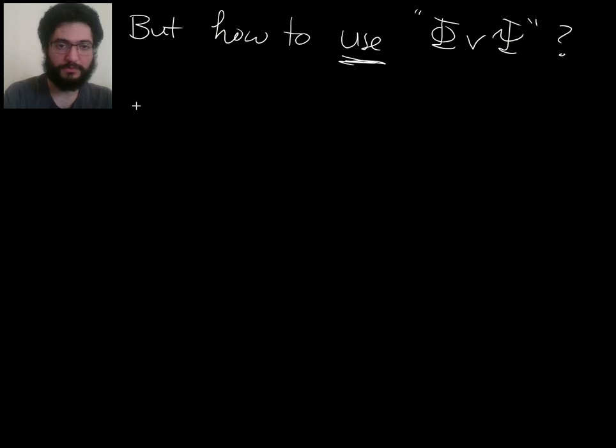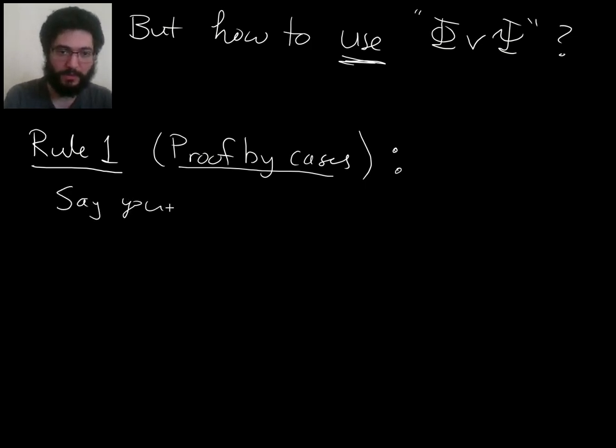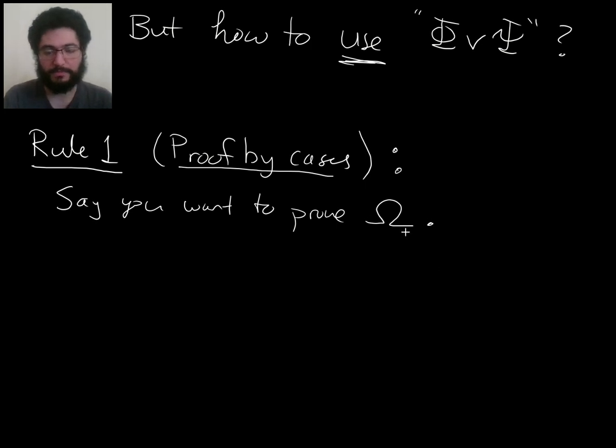So here's how the rule works. To describe this rule, which is supposed to be about how I can use phi or psi to prove something else, I'm going to need to have something else in mind. Let's say it's a proposition omega. So say you want to prove omega, some other third proposition.